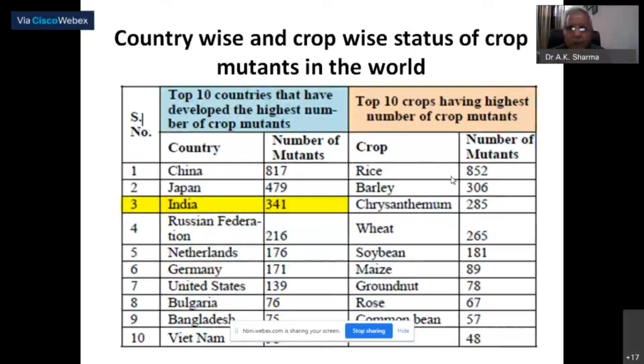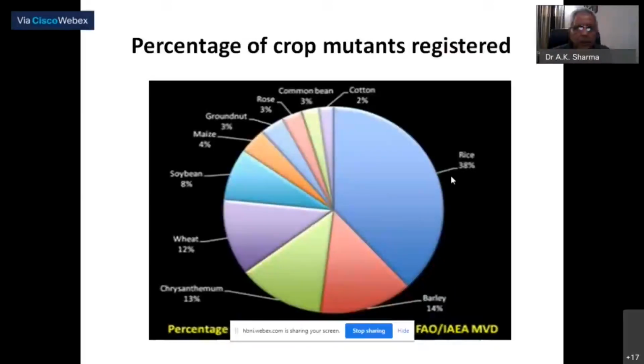Several mutant varieties have been developed all around. If you look at the percentage of crop mutants registered, this is from FAO IAEA data. The largest number is rice, for example, 38%, barley 14%.